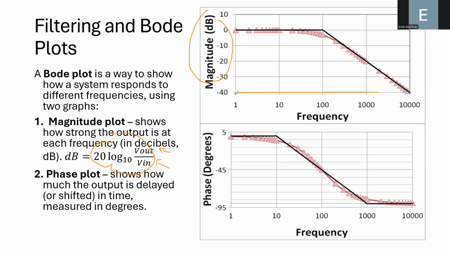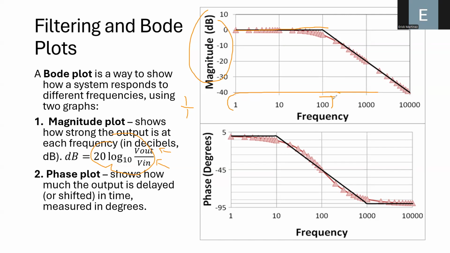You can notice that between the values of 1 and 10 of frequency, which can be hertz, for example, you have a magnitude in decibels equal to 0. When the magnitude in decibels is equal to 0, that means that the relationship between output and input is the same. In other words, the output voltage has the same amplitude as the input voltage. That is, for this range of frequencies, the output and the input voltage will have the same amplitude.